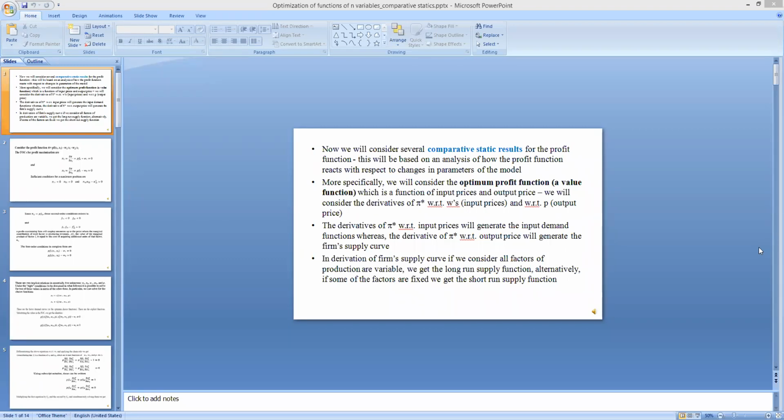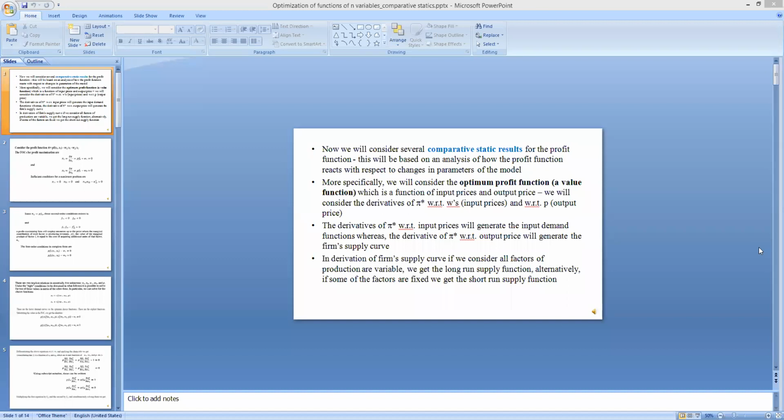So optimizing the profit function, you can finally get x1 star and x2 star. Now these x1 star and x2 star, which are the optimum values of the inputs, say L and K, these will be functions of prices of inputs, say W1, W2, and the price of output, which is say P. So this is our starting point.